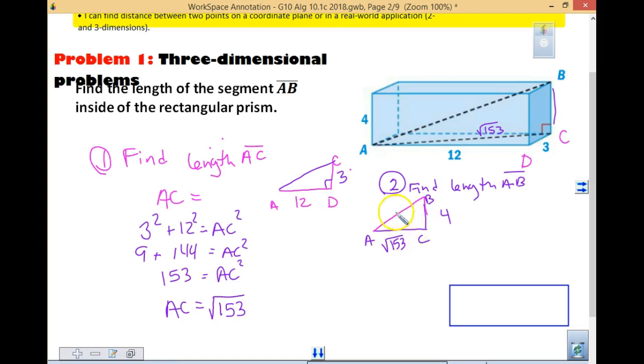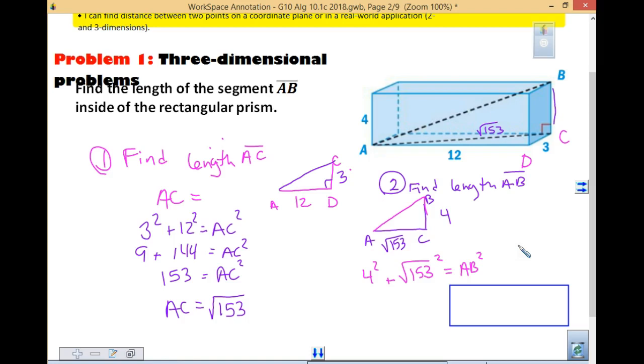Okay? So we are now going to set it up, and we are going to put 4 squared, that's our A squared, plus the square root of 153, and we are going to square that, equals the length from A to B squared. Do you see why I want to keep it exact at 153? What is the square root of 153 squared?